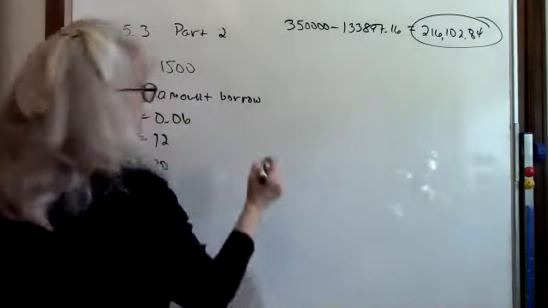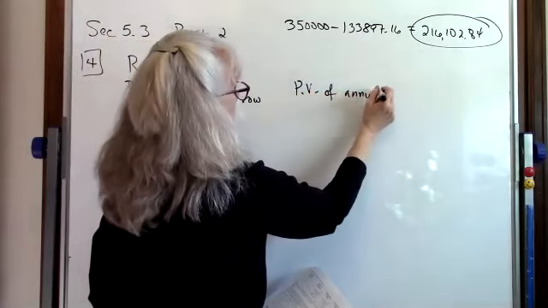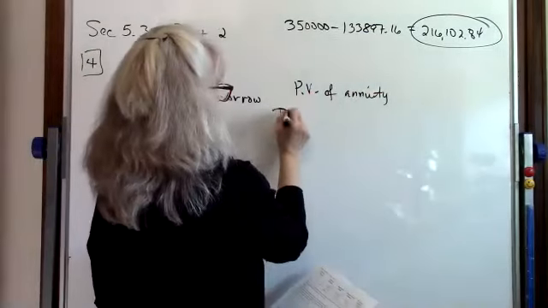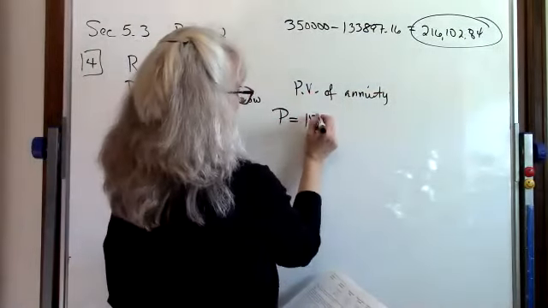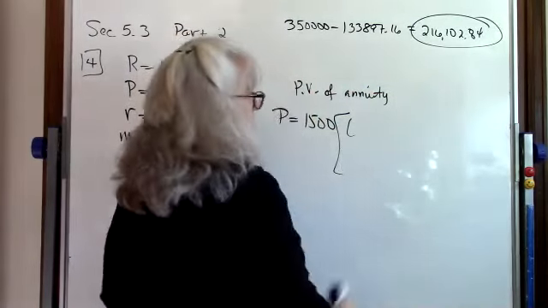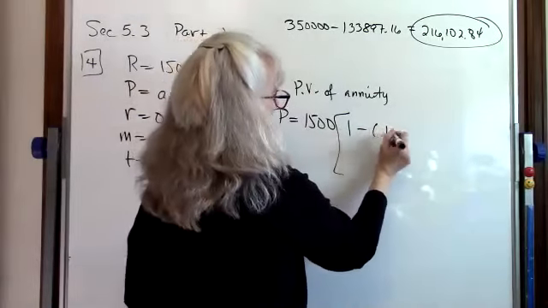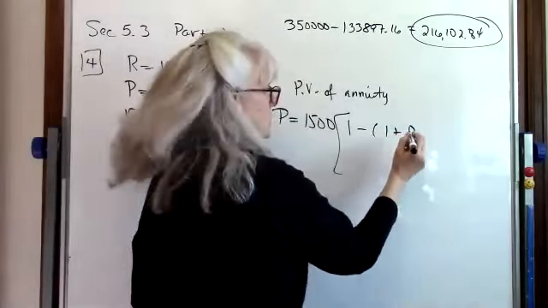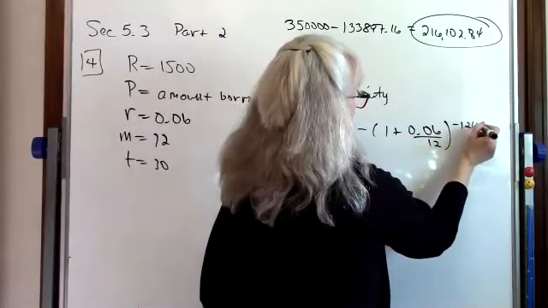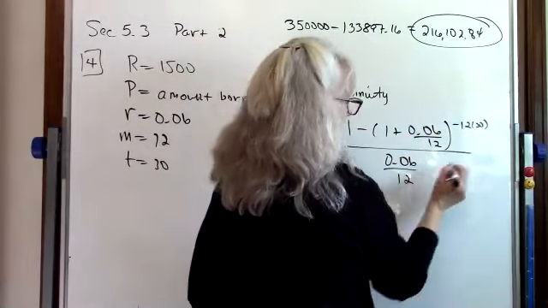Okay. So this is a present value problem, present value of an annuity, not an amortization because we know what the monthly payment is. So P is equal to that 1,500. We'll have 1 minus 1 plus 0.06 divided by 12 to the negative 12 times 30, all over the 0.06 divided by 12.